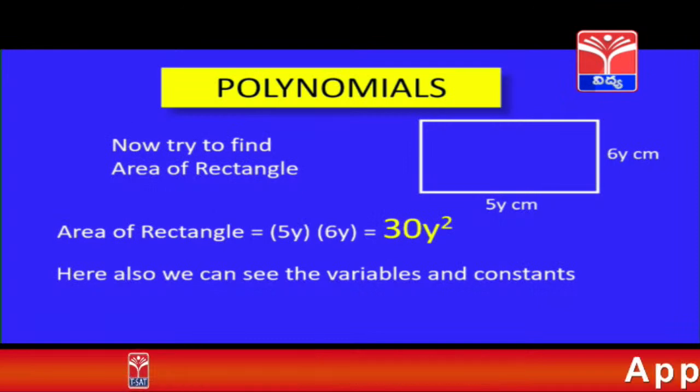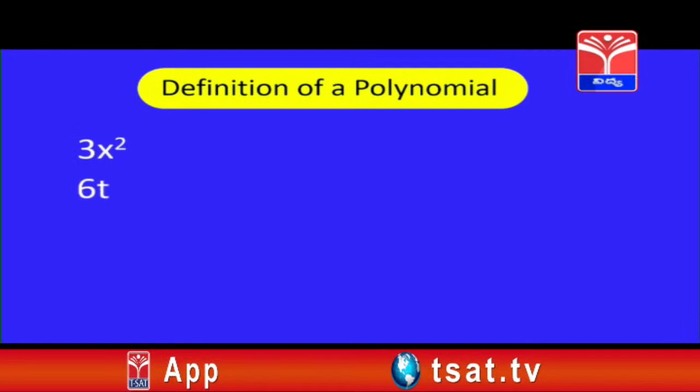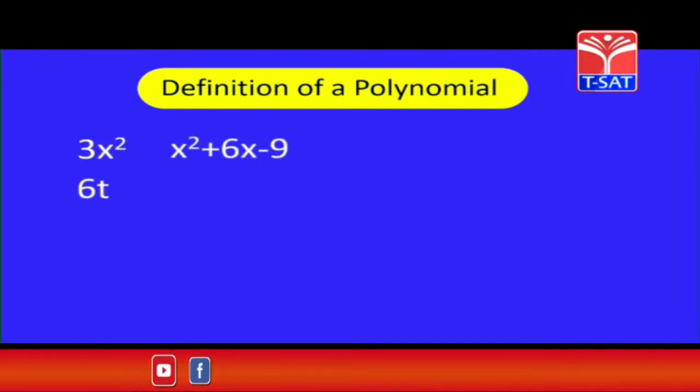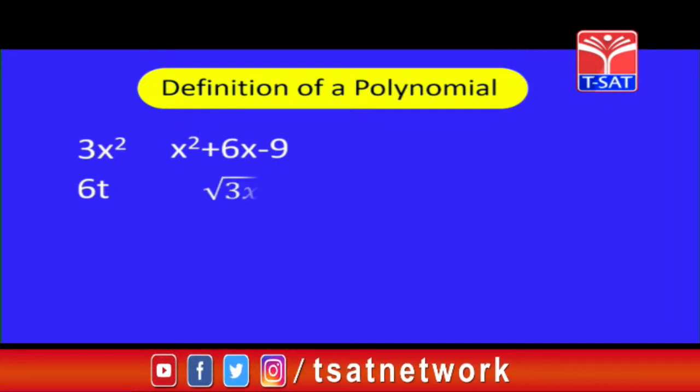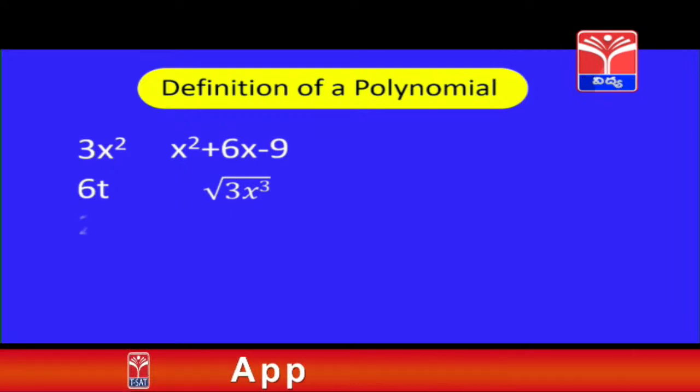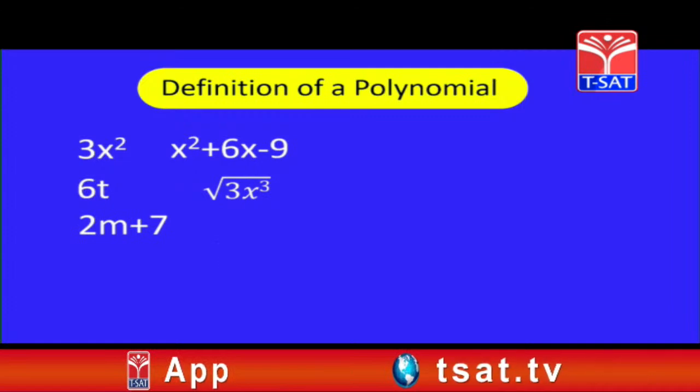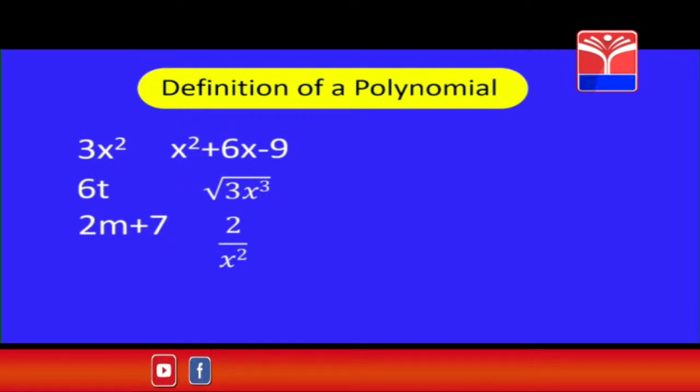Let us go into some more examples to define polynomials. I am giving you some examples: 3x square, 6t, x square plus 6x minus 9, and here it is under root of 3x cube. See students, all these are examples of expressions. From among all these, try to say which are polynomials.